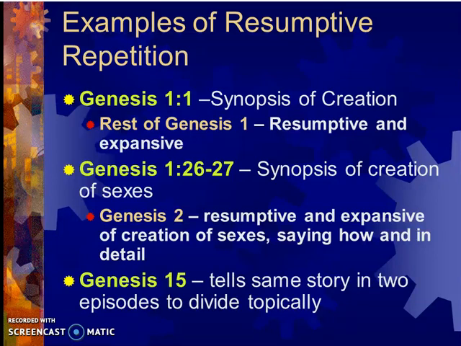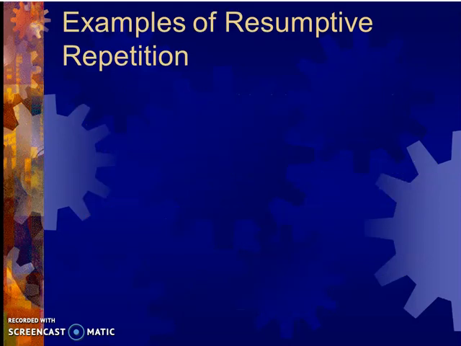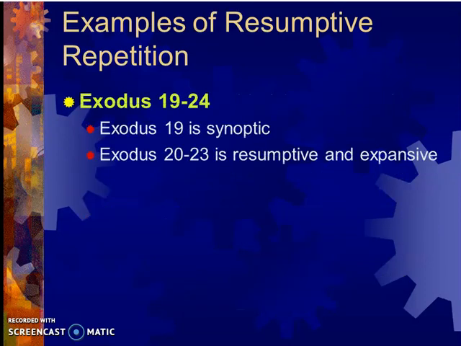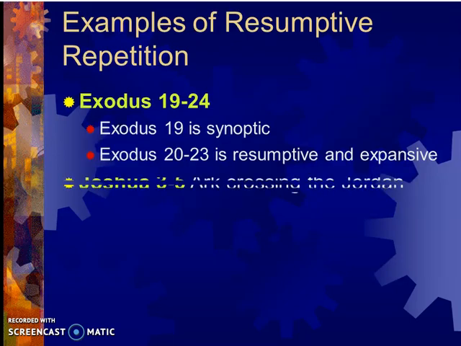And we could make the case that Genesis 15 does the same sort of thing, and we'll actually deal with that under the documentary hypothesis. And there are many other passages. I argue it in my dissertation for Exodus 19 through 24, that chapter 19 gives a synoptic version of the giving of the law, and chapters 20 through 23 are resumptive and expansive.